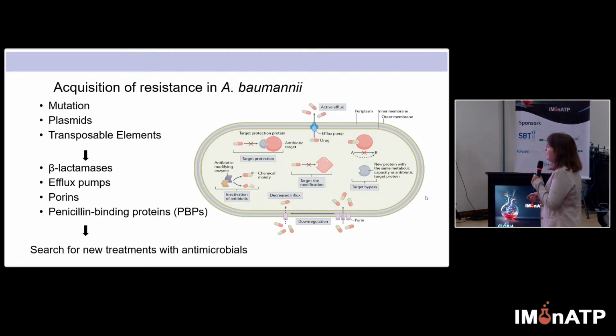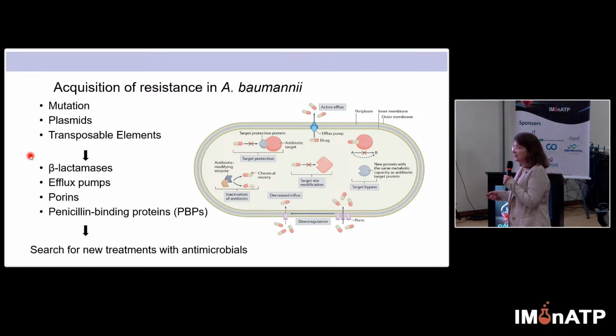Well, there are many ways that a bacteria, and especially Acinetobacter baumannii, can get resistance to antibiotics. It can be a mutation in a gene that has a normal function, and then when it is mutated, the bacteria becomes resistant to the antibiotics.